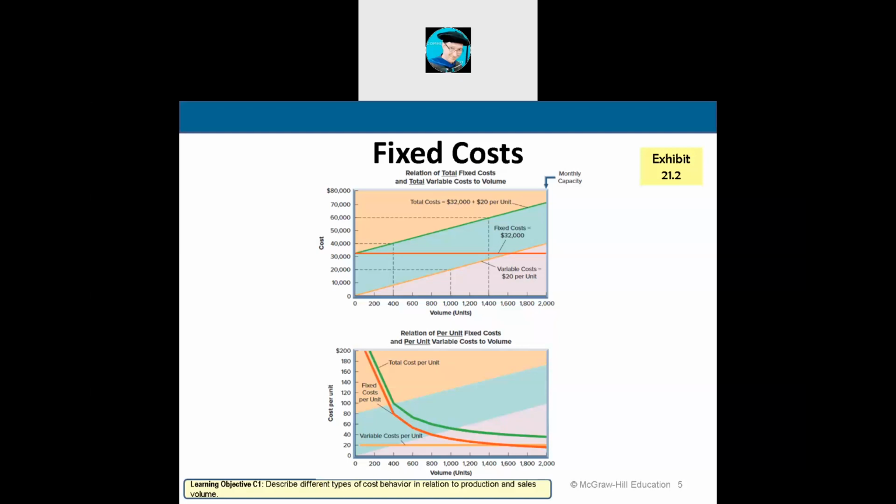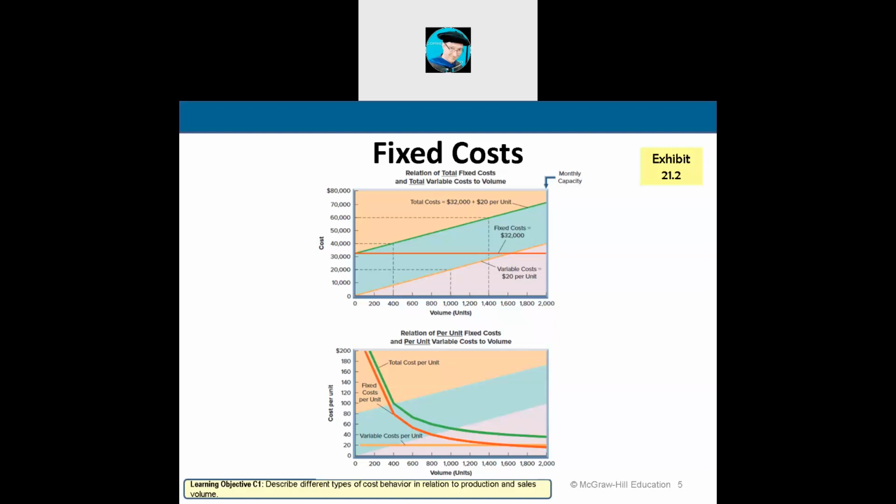That's what a fixed cost means. It's fixed. It stays the same. It doesn't matter if I sell 30,000 units or no units. My rent still needs to be paid every month. It's the same amount of rent every month, okay?